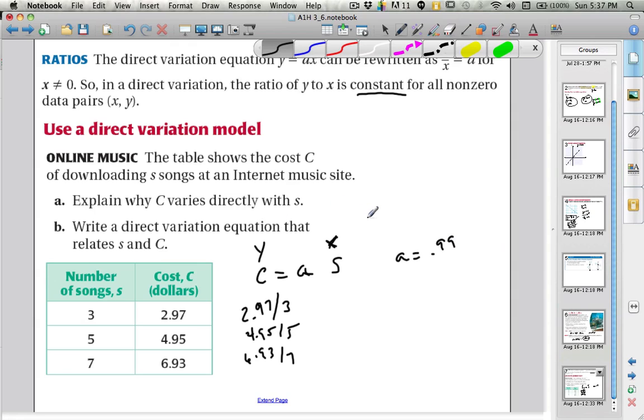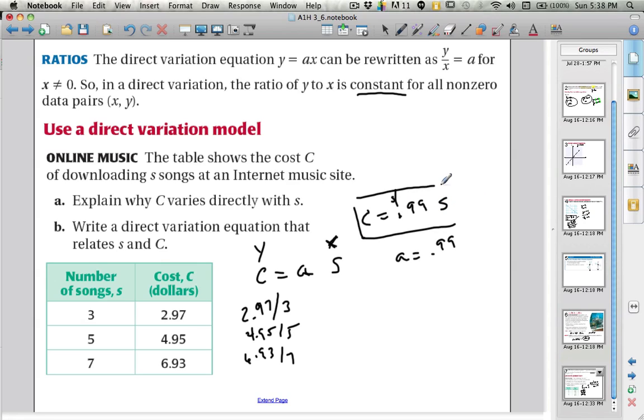If I want to write it as a direct variation model, I know that the cost is equal to $0.99, 99 cents, almost a dollar, times S being the number of songs we buy. Okay, and that's working with direct variation.